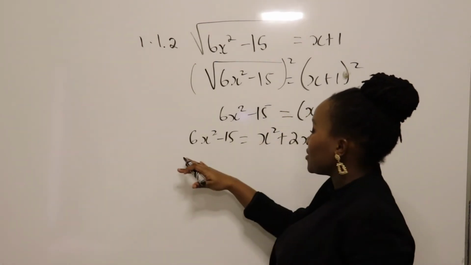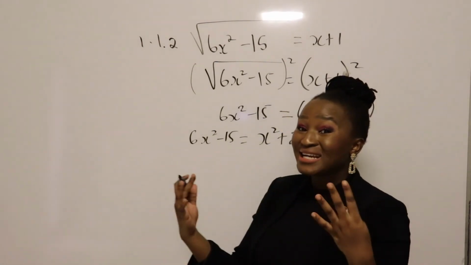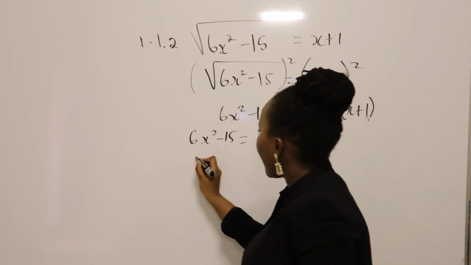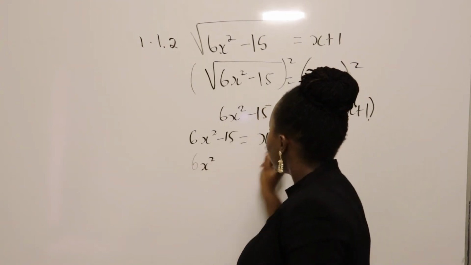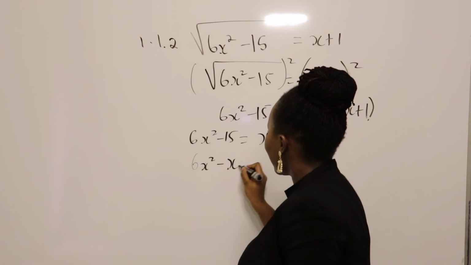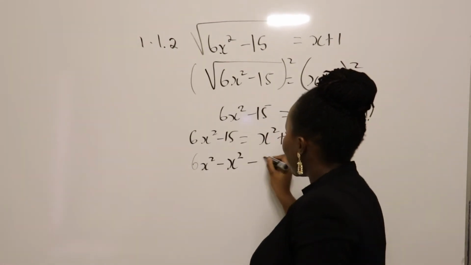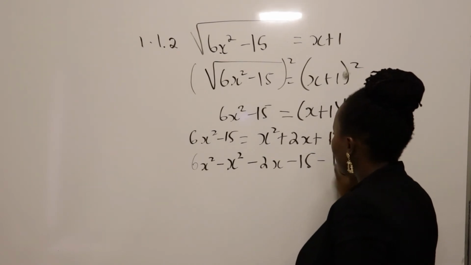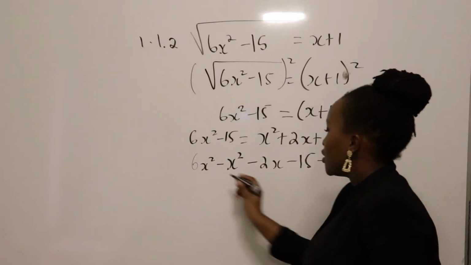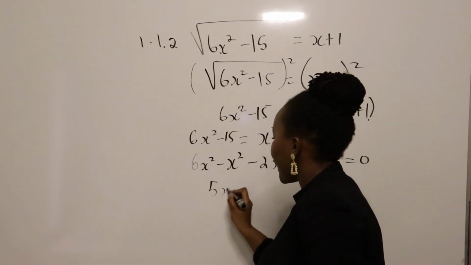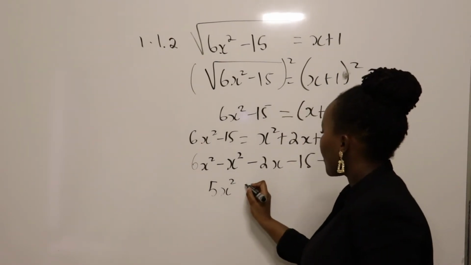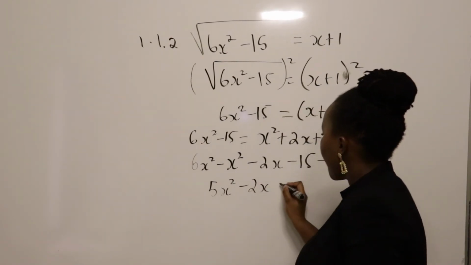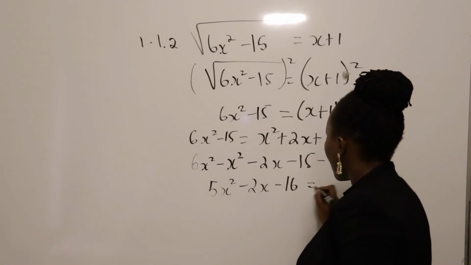You can bring everything to the other side so that you can subtract the like terms. So we'll have 6x squared minus x squared minus 2x minus 15 minus 1 equal to 0. So this will give us 5x squared minus 2x minus 16 equal to 0.